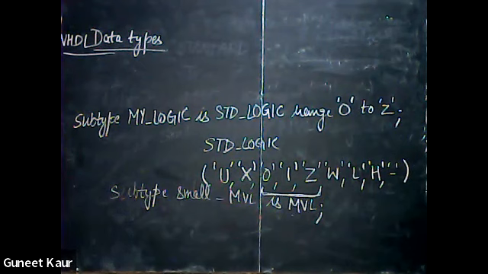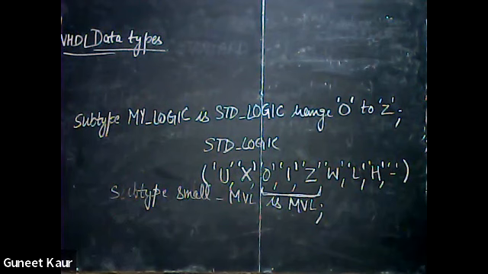Therefore, it uses the set of values that are the same as in the type MVL. It means we are using all the values or elements which are defined in the MVL. So this small_MVL subtype, having no constraint, will use all the elements defined in the MVL type.